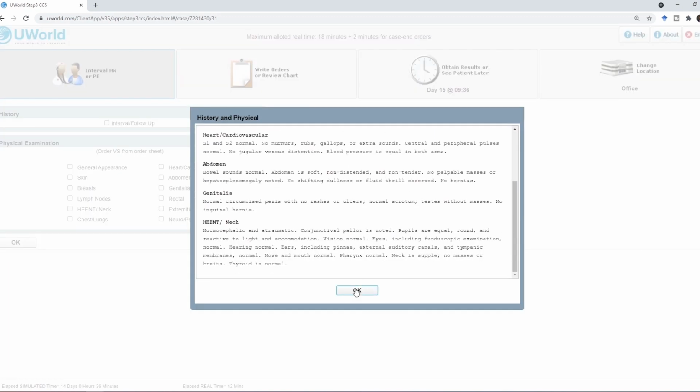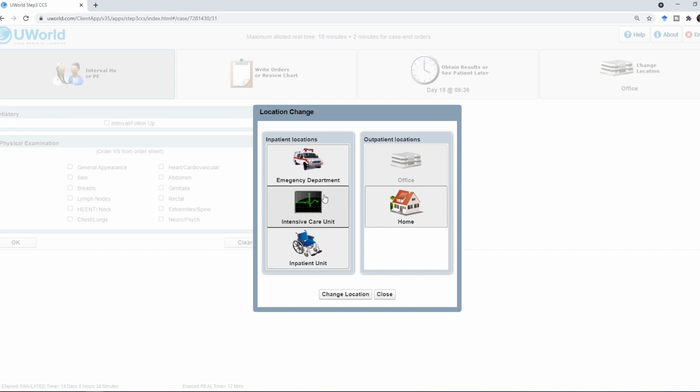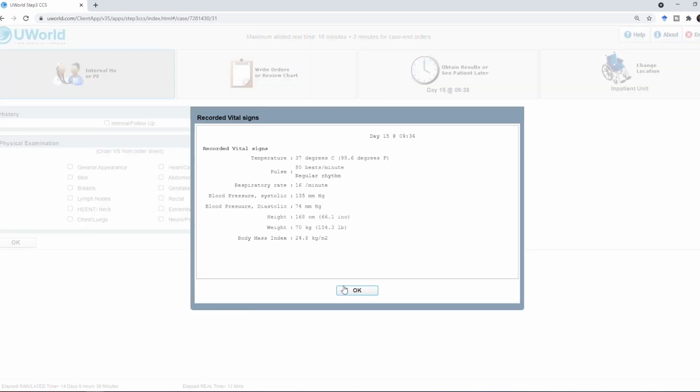And now since the CT scan showed renal cell carcinoma, this requires surgical treatment. So what we do is we change the location to inpatient. So we admit the patient to the hospital and we start the pre-surgical orders.